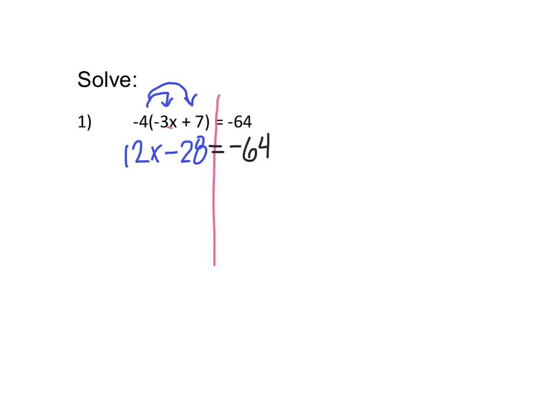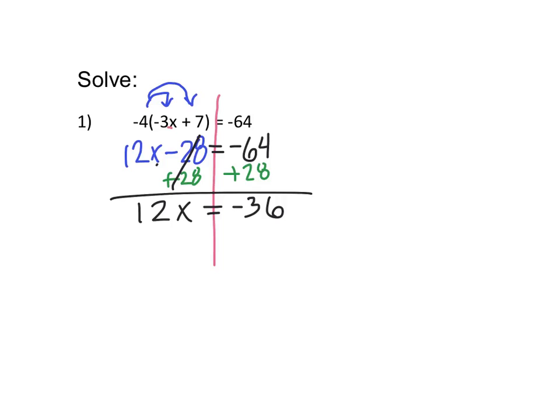After this, our next step in getting this x isolated is going to be to add the 28 to both sides, which means our 12x will stay. The 28s are opposite, so they cancel out to a 0. And on the right side, -64 and +28 is a -36.